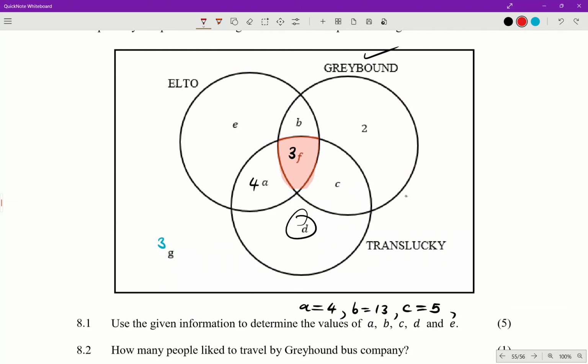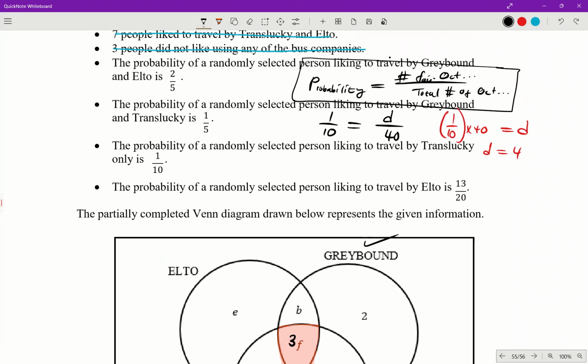So let's go back there. We have D now. D is 4. We have to find E. So now let me erase that. I hope you're writing down, guys. Another thing, guys, teach yourself speed. I need you to have speed when writing. In math, remember, stick to the basics.